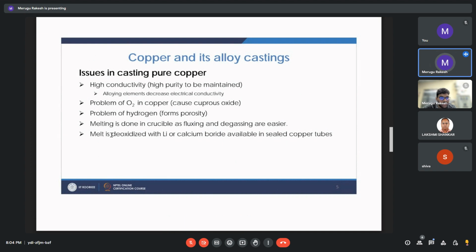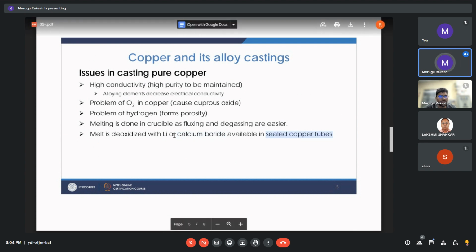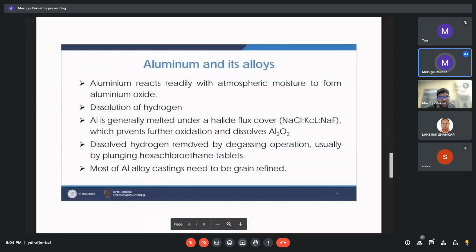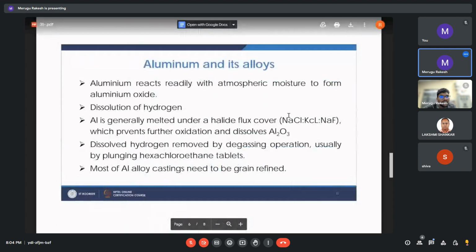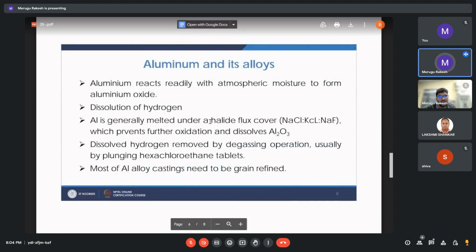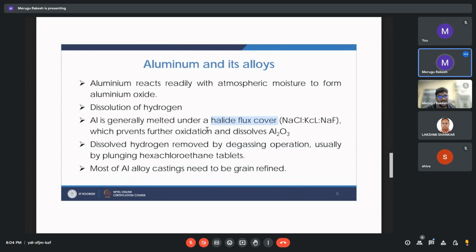In this, the melt is dioxide with lithium or calcium boride, available in sealed copper tubes. This is one, so it varies with different alloys. In case of aluminum, maybe a halide flux cover. But there are proprietary ones, and we don't know the exact combination of those.